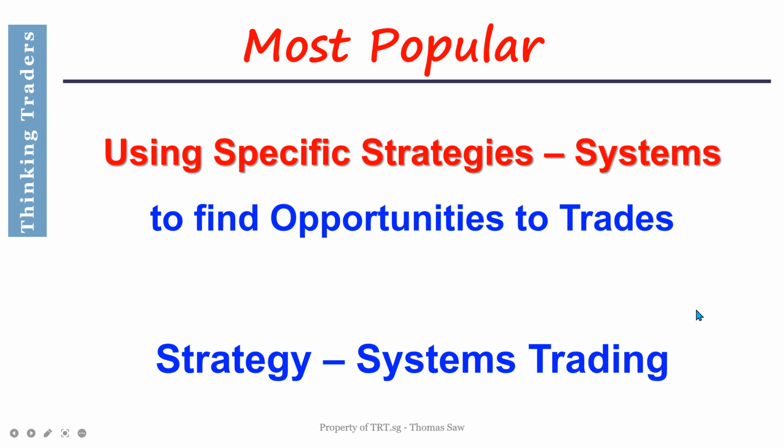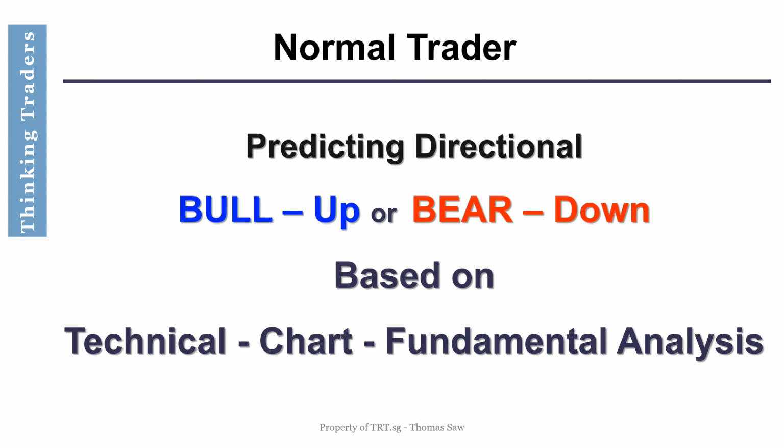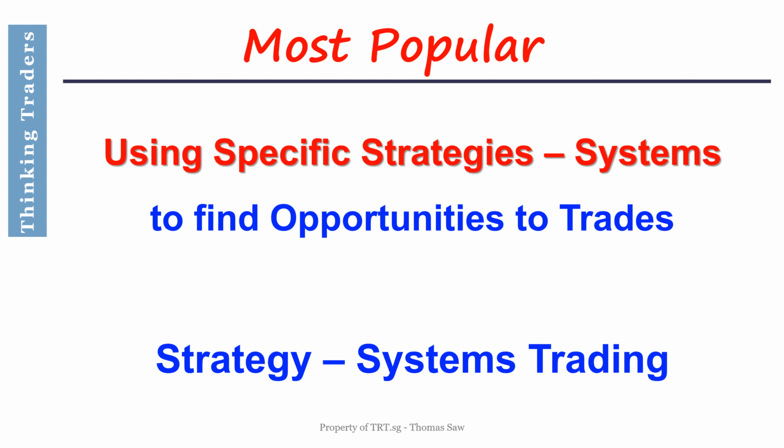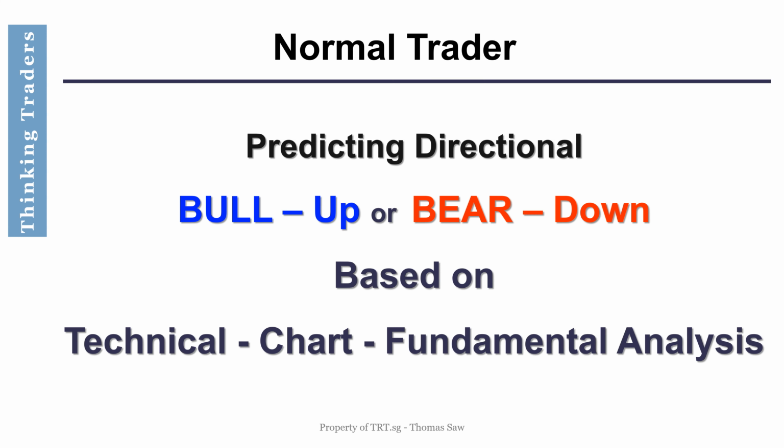It's taught at the most advanced level now. Next, the most common type of trader is doing directional trading: bullish up, bearish down, based on charts, technical analysis, chart analysis and fundamental analysis.